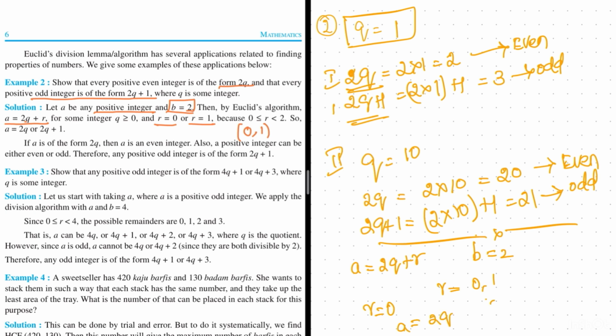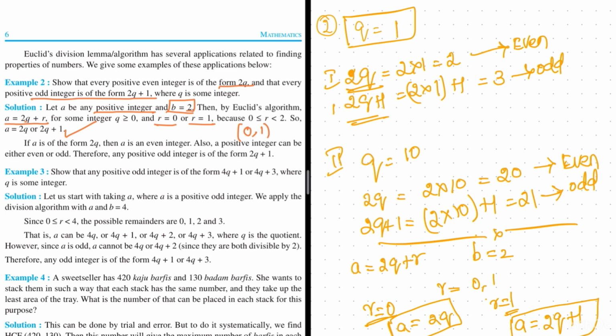When r is equal to 1, a will be 2q plus 1. So when we have a remainder of 1, we get an odd value 2q plus 1, and when the remainder is 0, we get an even value 2q. So it can have two values, that is 2q and 2q plus 1. That is the proof. This is for problem 2.